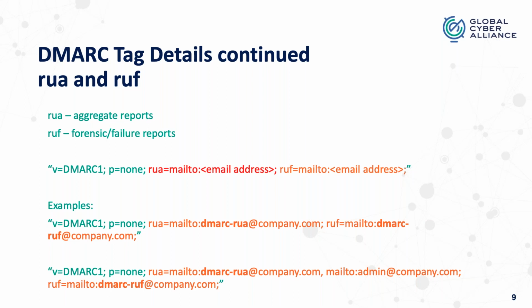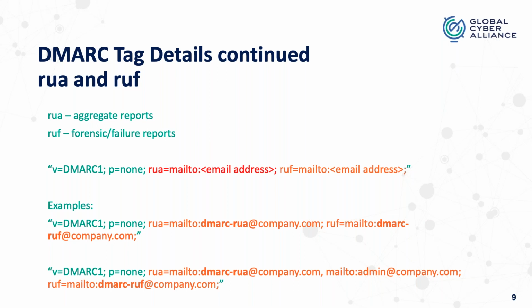Because again, those reports will give you that information, especially the RUA or the aggregate reports are the critical ones you want to get. That's the report that's going to have the IP address of the servers sending using your domain, whether it's legitimate or fraudulent servers. Right, it'll tell you whether SPF and DKIM are passing, whether SPF, DKIM alignment are aligning. It'll tell you about DMARC as well.